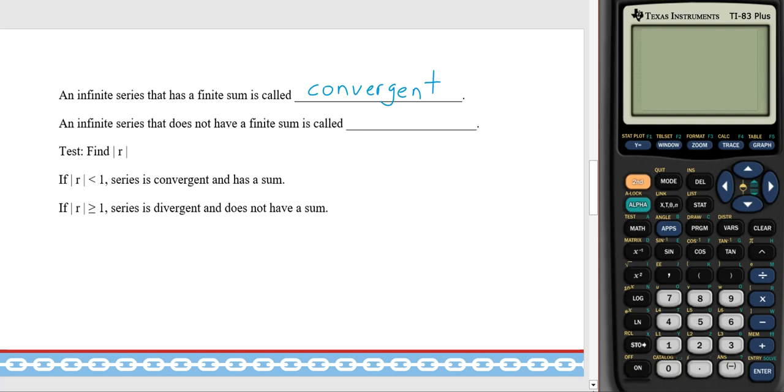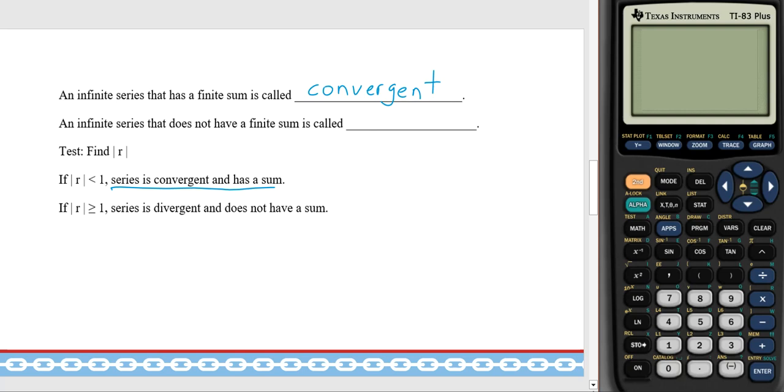And we saw in that previous graph on the intro that in order for a series to be convergent and have an infinite sum, the absolute value of the common ratio, the r value, has to be less than 1.